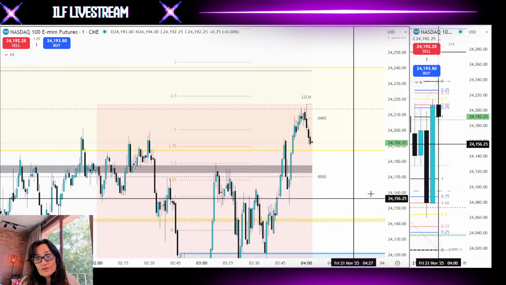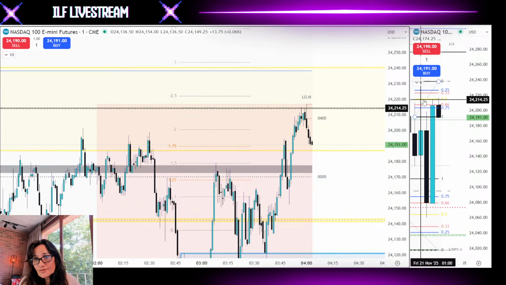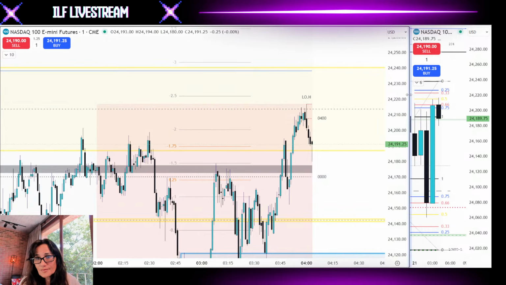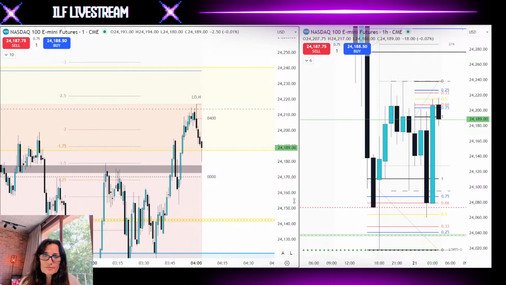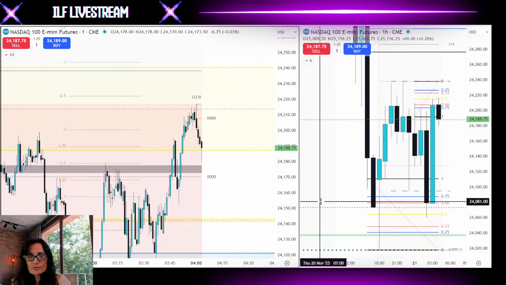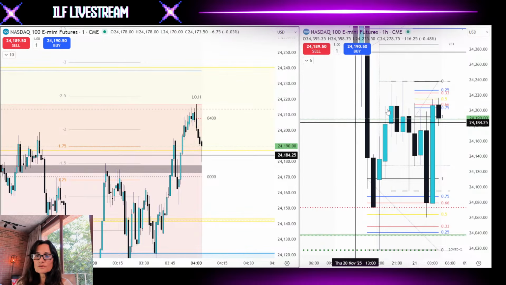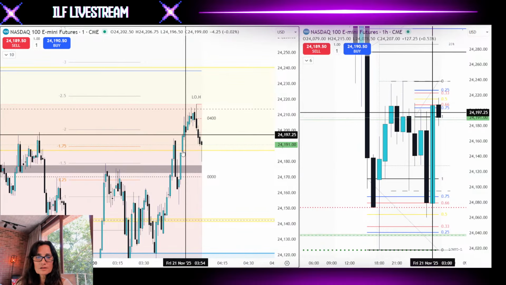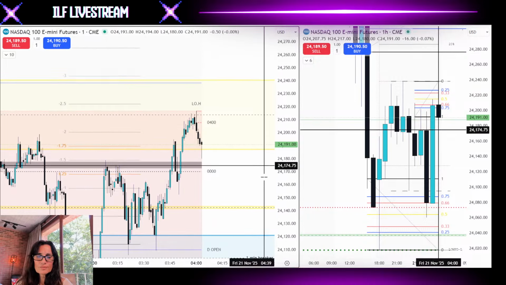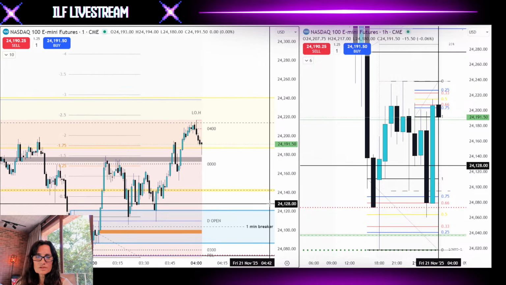Now the move could be done here because we hit 0.5 from the wick, right? But we still have 7 more minutes to go in the macro. Let's see if we can get to this liquidity here. This area looks pretty balanced to me for now. We don't really need to do much.